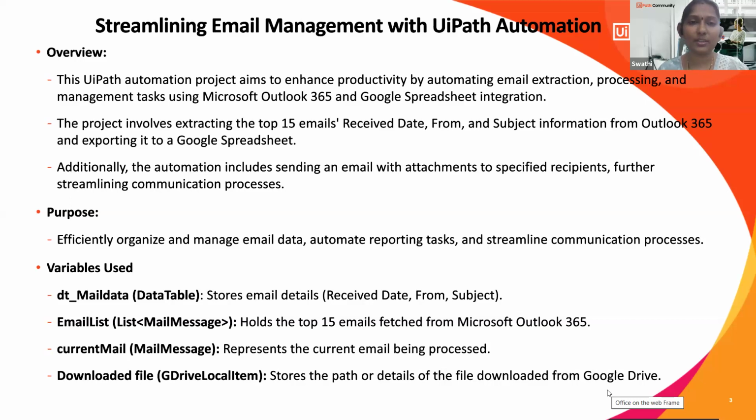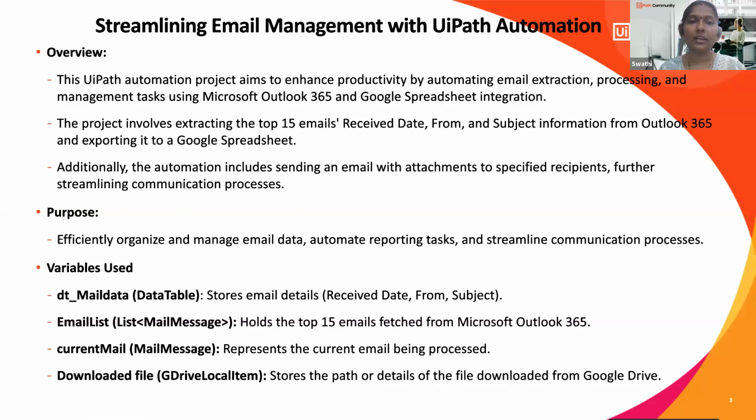So as Vajrang said, today we are going to work on email automation. Now what is that and how can we do that? First, I want to connect to the email, which may be Gmail or Outlook, with UiPath by using Integration Service or the same activity itself.